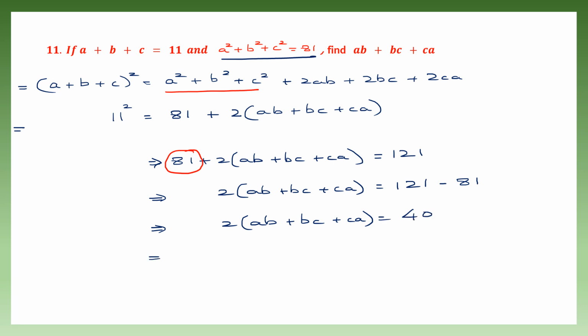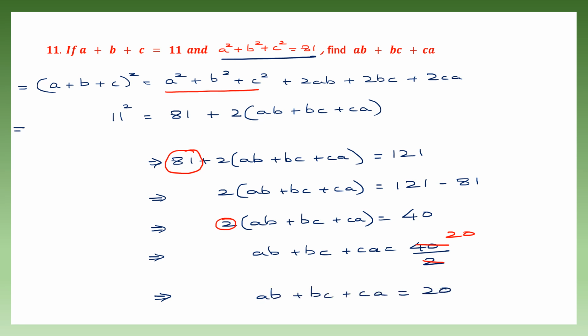So if I have to find the value of only AB plus BC plus CA, then I need to take this 2 to the other side. And because it's multiplication here, it becomes division when it goes to the other side. So 40 divided by 2 is 20. So we have found the value of AB plus BC plus CA and that is 20. So this is our answer, 20.